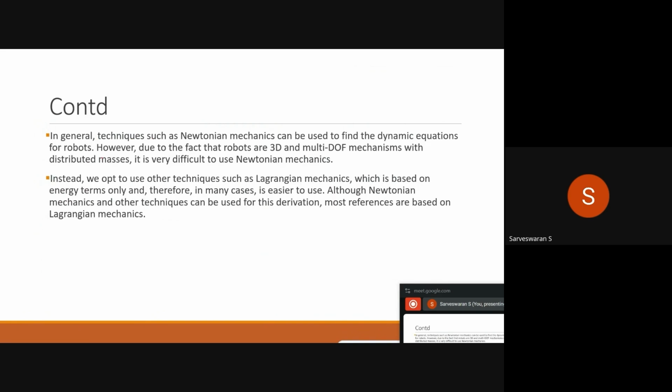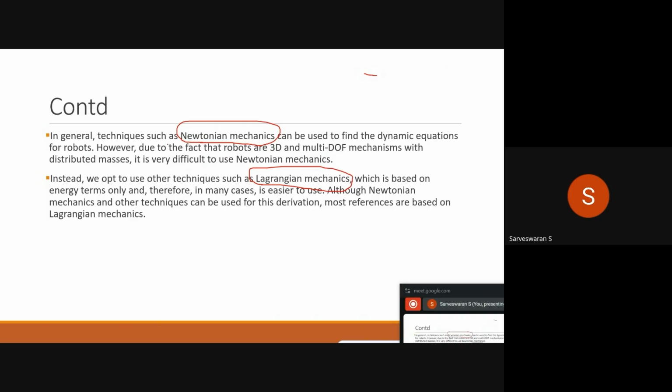There are two ways to understand or derive this dynamic equation and solve it. One is Newtonian mechanics, and the other is Lagrangian mechanics. All are mechanical, so you will be aware of the mechanical terms. Newton mechanics is mostly used in real world applications, but it is restricted to lower DOF, and for higher DOF it is difficult to solve with Newton mechanics.